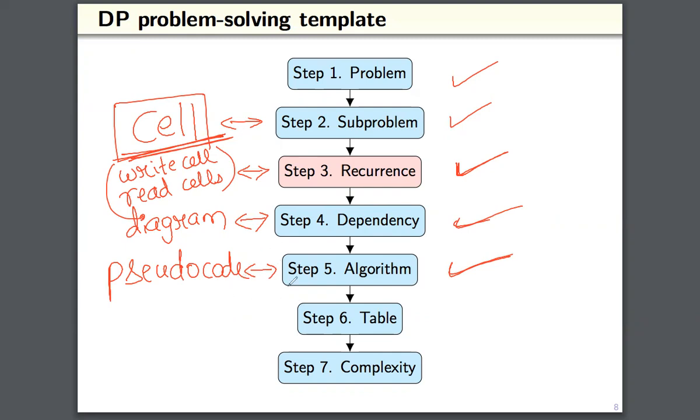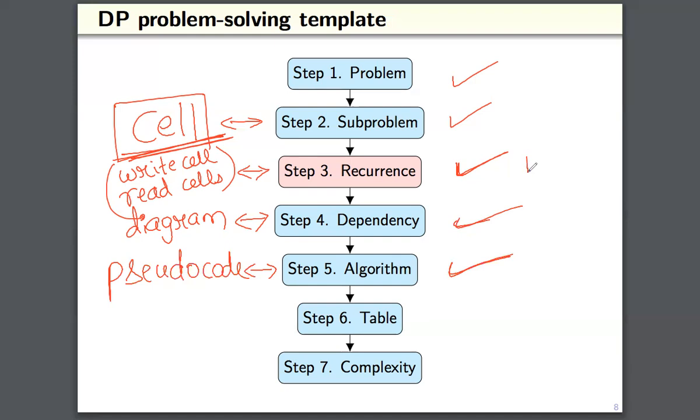I believe it is possible to write software that can automatically give you the pseudocode, or even the implementation in C, C++, Java, Python, whatever, given a recurrence. That is doable. So coming up with a pseudocode from the recurrence is trivial.